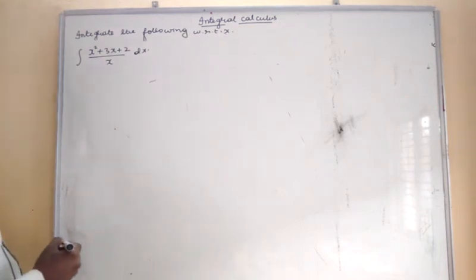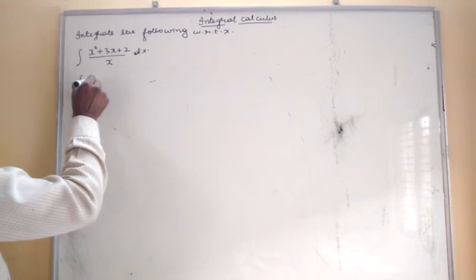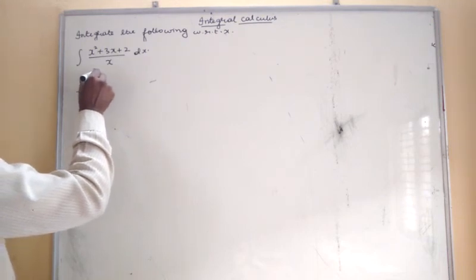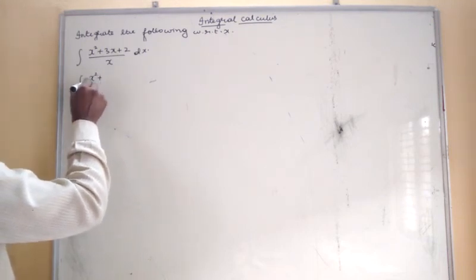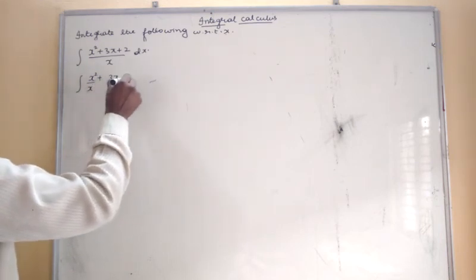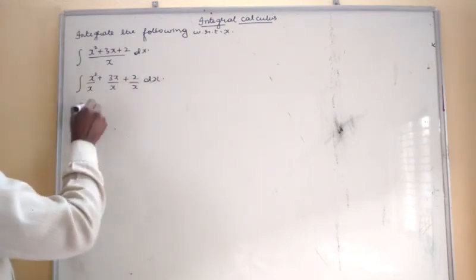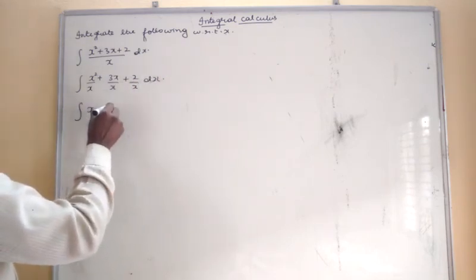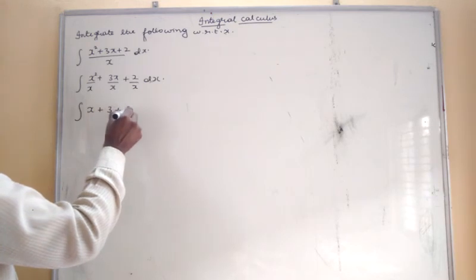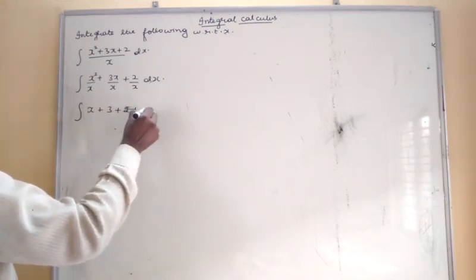Here the problem is in the form of fractions. Let us separate it over the denominator: x square by x plus 3x by x plus 2 by x. Then x gets cancelled, x is remaining, 3. Then 2 by x we can write as 2, a constant, into 1 by x dx.